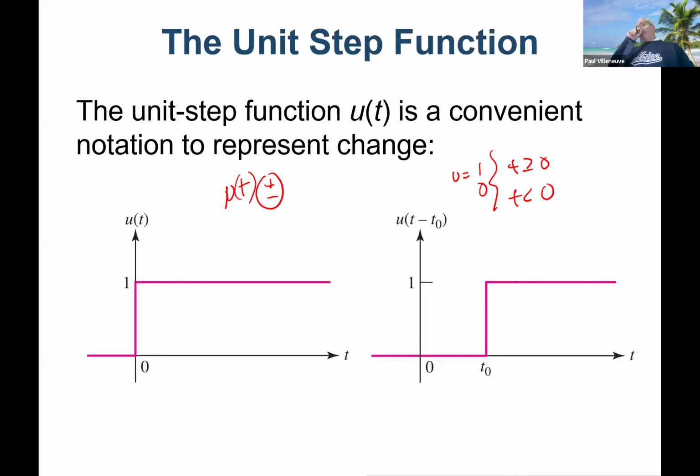So let's just say for some reason you have a switch or a power supply that transitions, and you have a delay associated with it for one reason or another. We can add in the minus t naught there. Why is it minus t naught? Because you can see that this is positive t over here. Why do we call that minus t naught and not t naught? Why don't we put a plus right here?